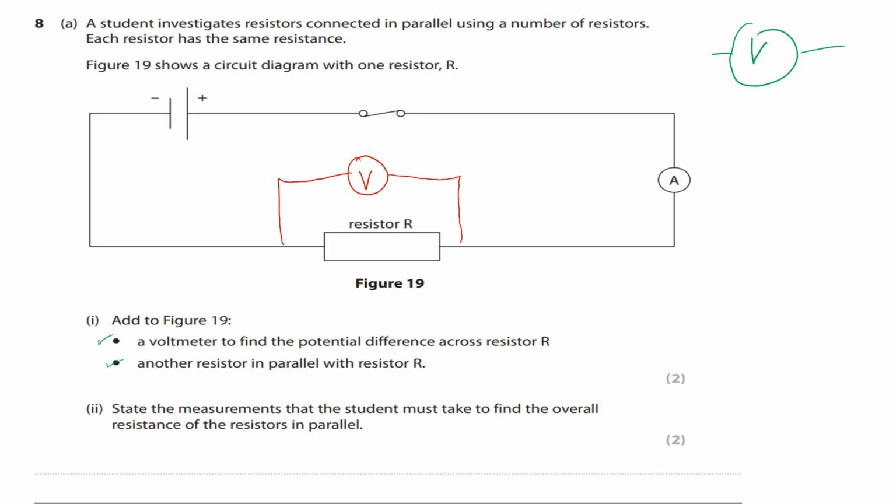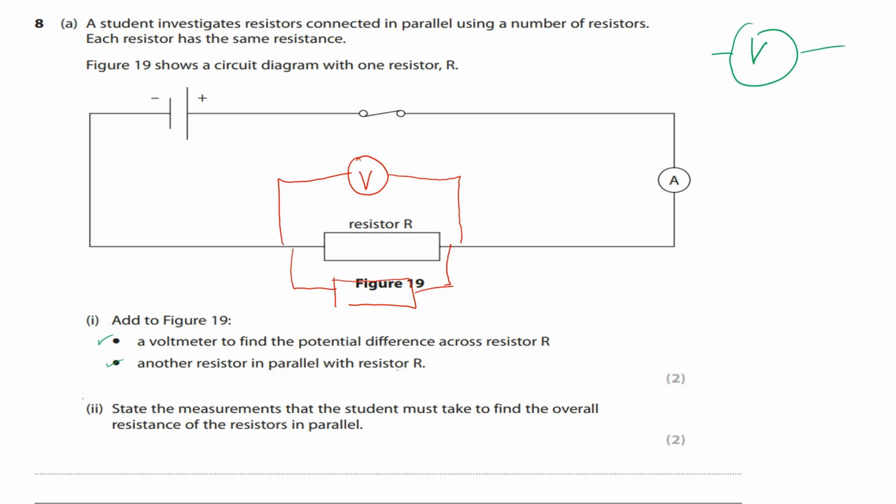Now it says add another resistor in parallel with resistor R. So how do you add in parallel? You add it below the first resistor R. So you can add a resistor here, resistor R. So that is it.